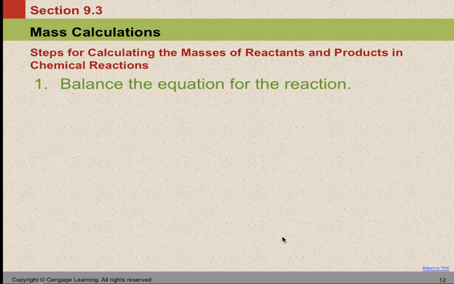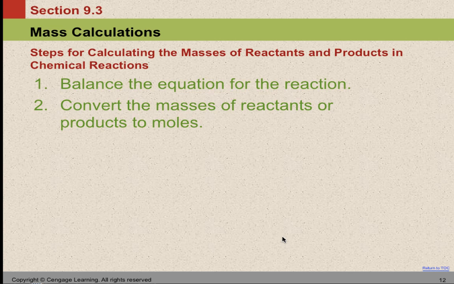The steps for calculating the masses of reactants and products in chemical reactions. 1, you have to have a balanced equation for that reaction. 2, convert the masses of the reactants or products to moles. And this is really going to be converting the given information.